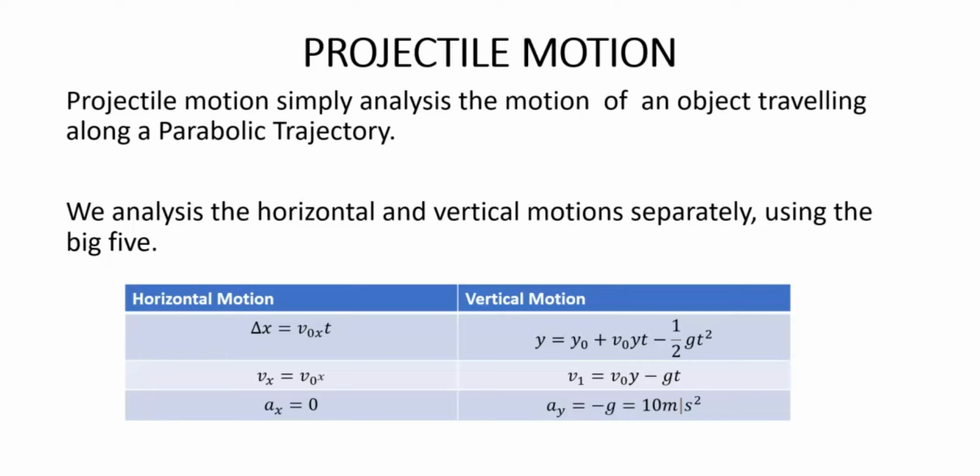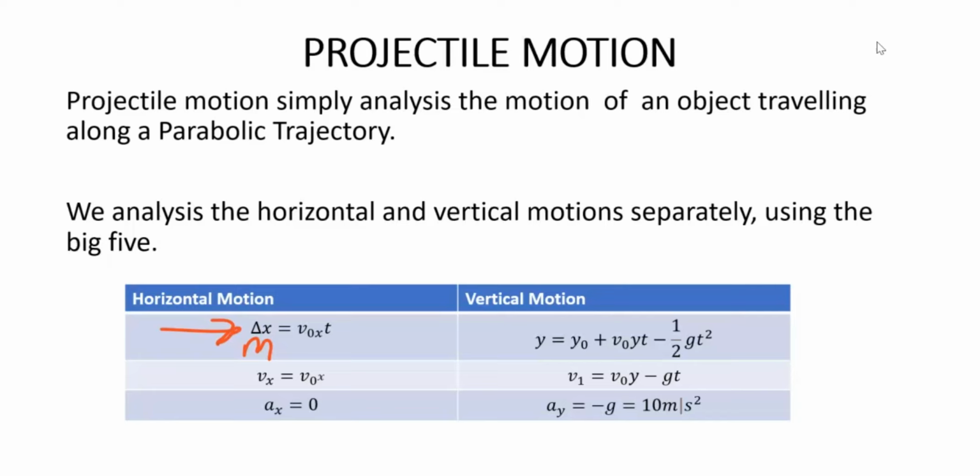So for the horizontal, a change in x, a change in the distance, will be VOXT. That is velocity times time. That is a change in distance, and this is going to be in meters. However, for the height, we have the initial height.